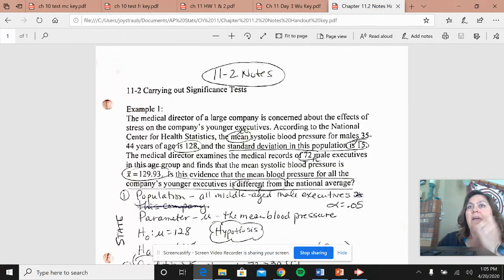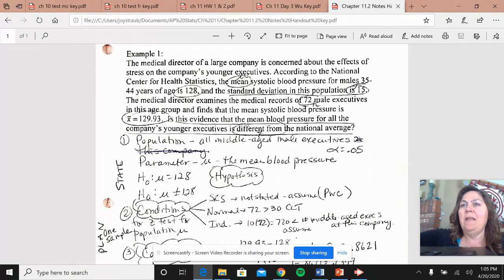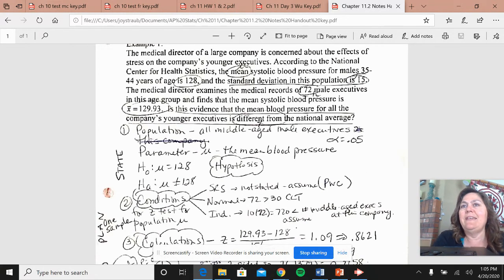All right. Hopefully you were able to set this up. As we look at our state, I see that the population is all middle-aged executives. It was kind of interesting. At first, I said in this company, but it didn't say that they got them from this company. So I think that's an error there.